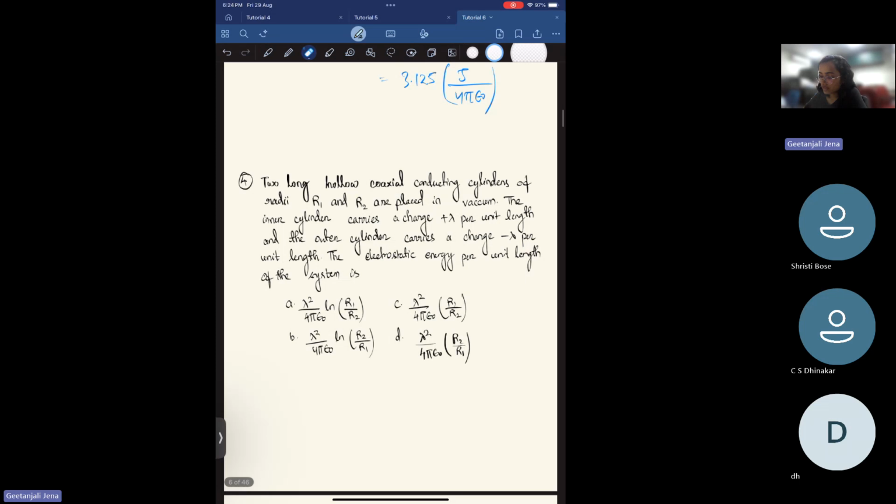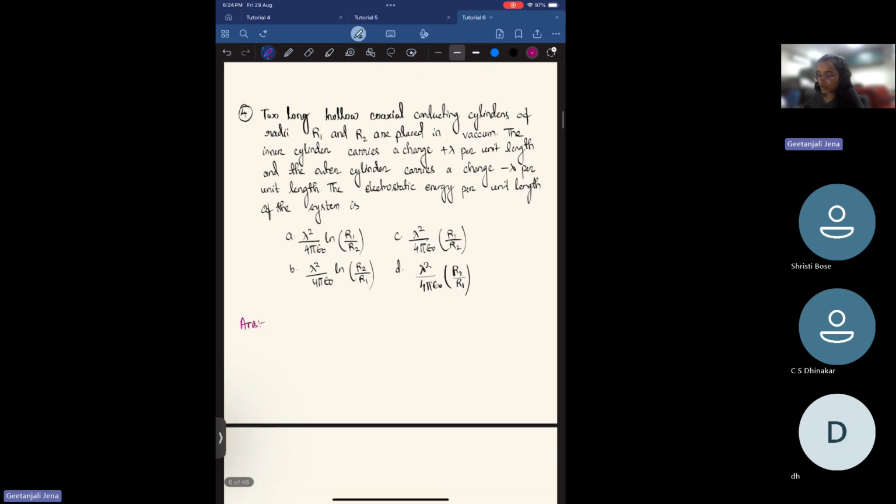So the problem is there are two long hollow coaxial conducting cylinders of radii R1 and R2. These are placed in vacuum. The inner cylinder carries a charge plus lambda per unit length, and the outer cylinder has charge minus lambda per unit length. The electrostatic energy per unit length for this system is.